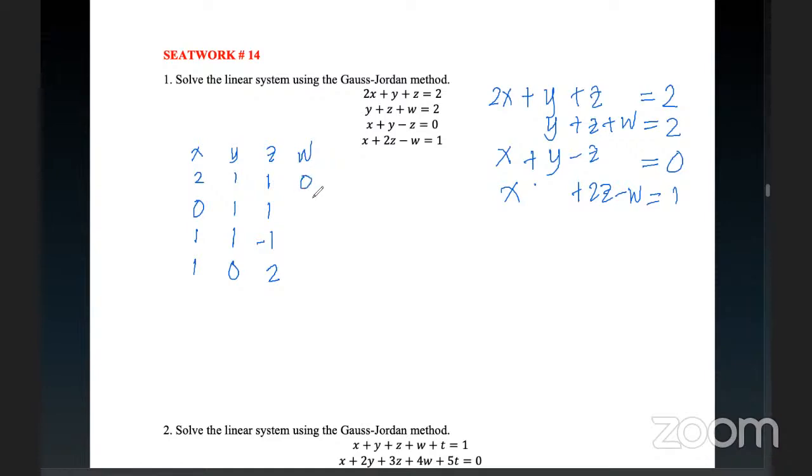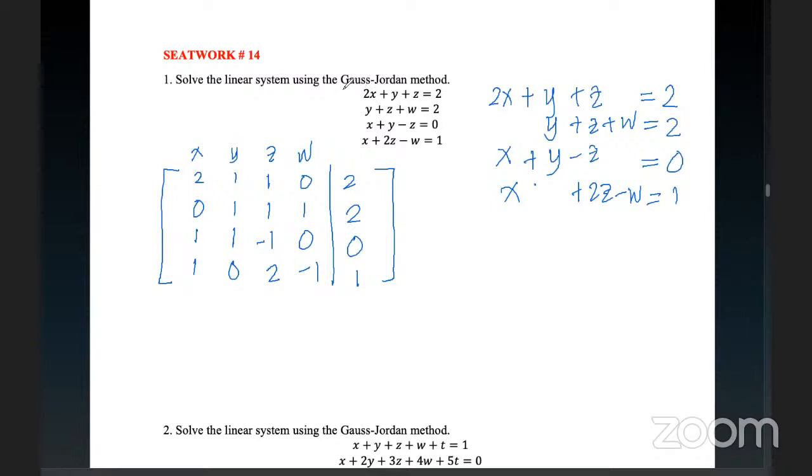So 0, 1, 0, negative 1. Since we are writing the augmented matrix, yung nasa right part ng bar is itong vector of constants. So you have 2, 2, 0, 1. Since matrix ito, we are going to enclose it by a bracket.